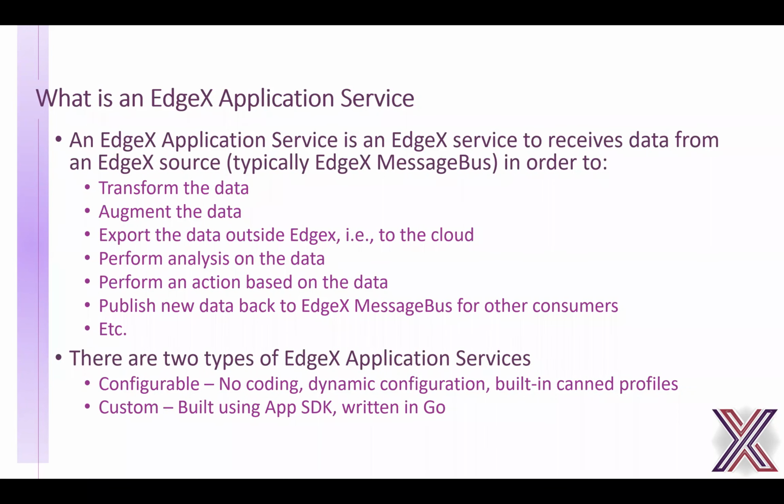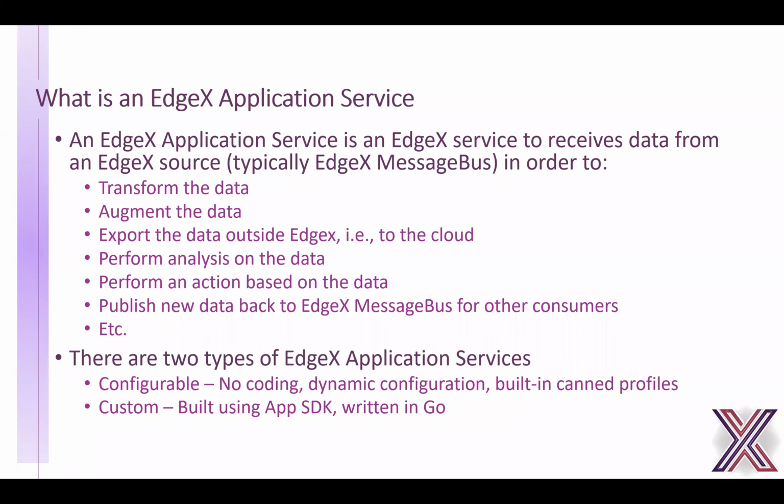And it receives data from an EdgeX source, which is typically the EdgeX message bus, in order to transform that data, augment the data, export it outside of EdgeX to the cloud, perform analysis on the data, perform an action based on maybe that analysis back to a device, or can even publish new augmented or transformed data back to the message bus for other consumers.